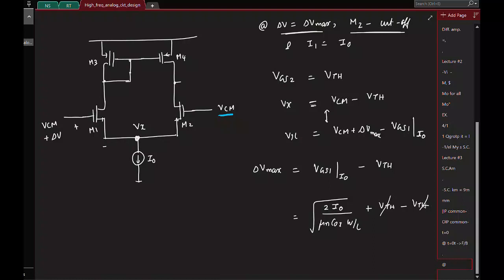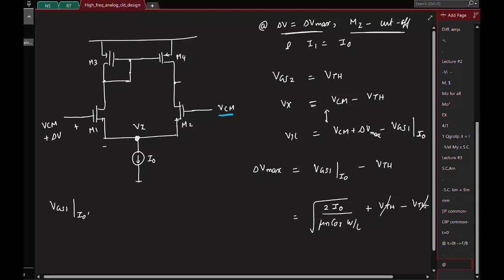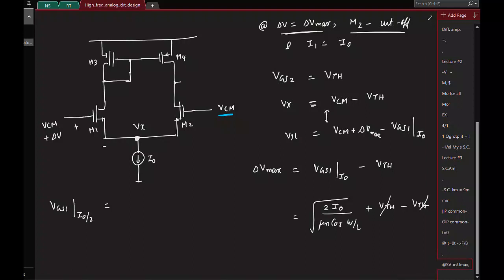And by the way, nominally, if things are all fine, what will be the operating point current flowing in M1? I naught by 2, right? So what is the gate to source voltage of M1 at a current of I naught by 2? Same thing, right?